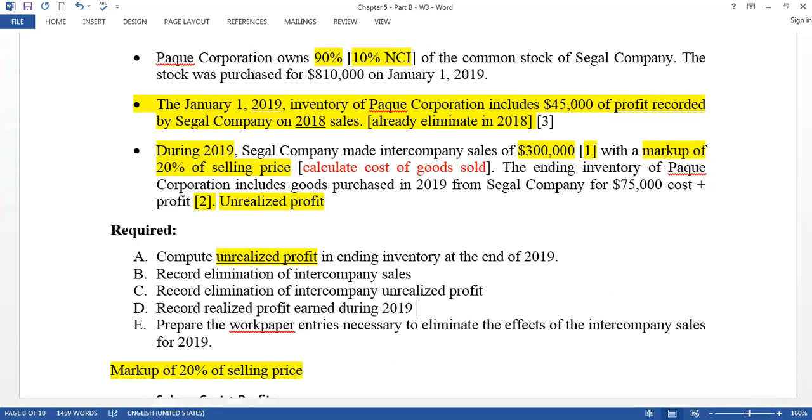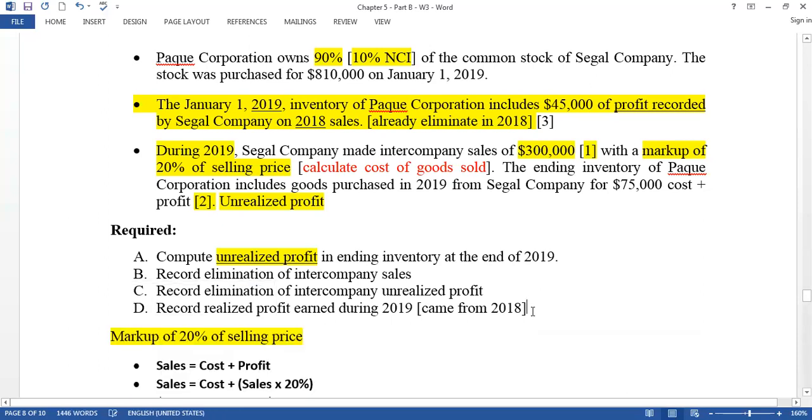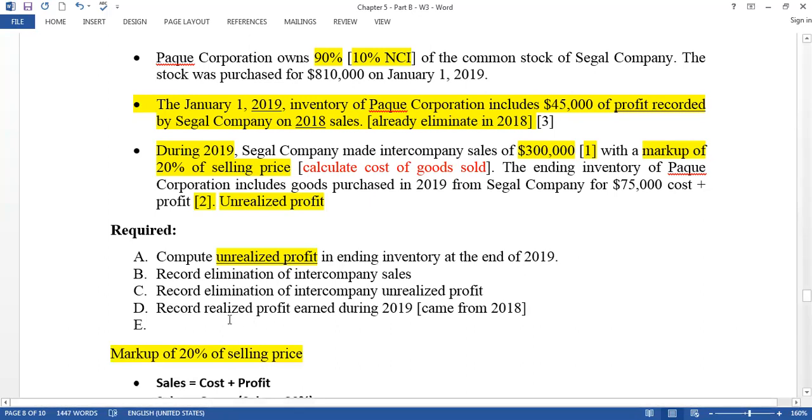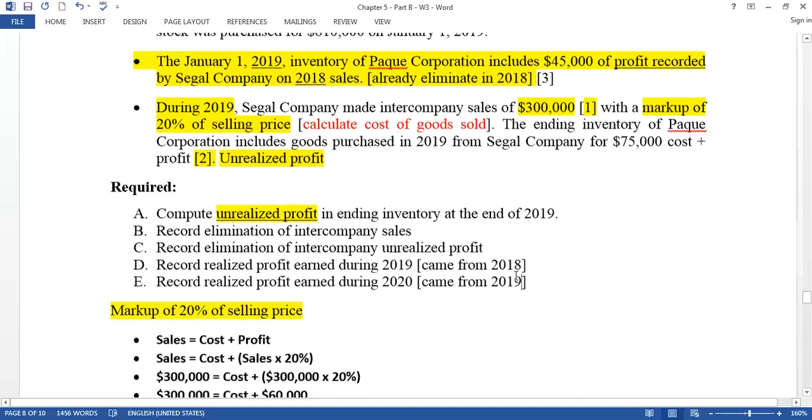It means that this came from 2018. So up to here is actually our question, but I can add another journal: record realized profit earned in 2020 that came from 2019. Do you understand? Yes, so I'm going to show you everything now.